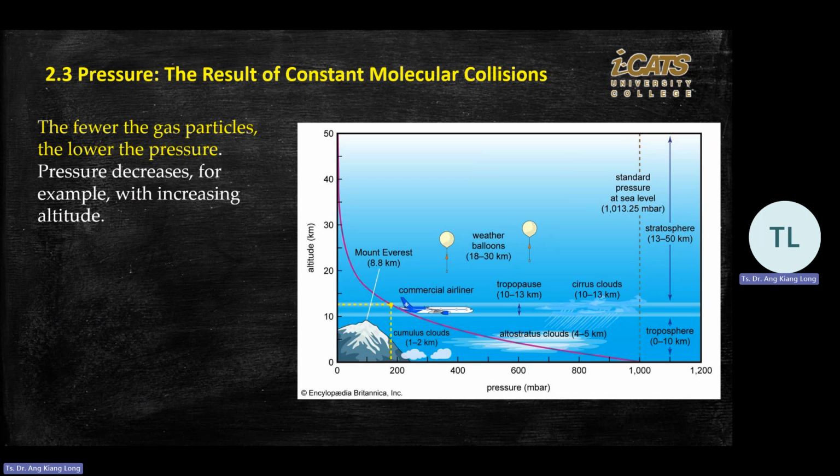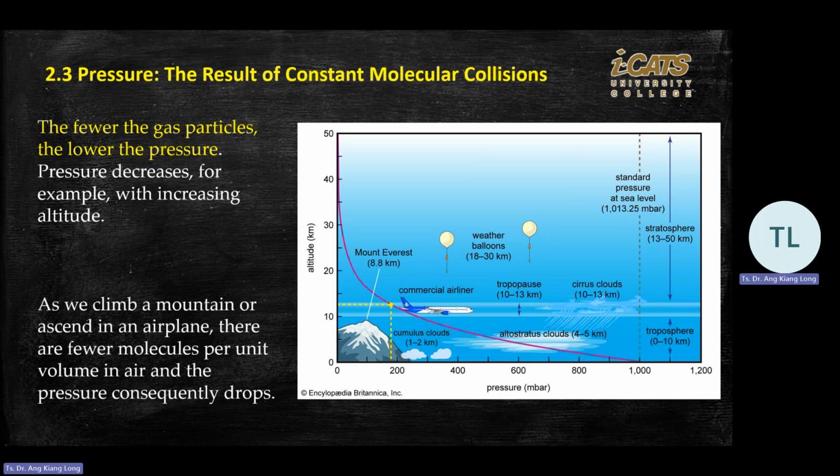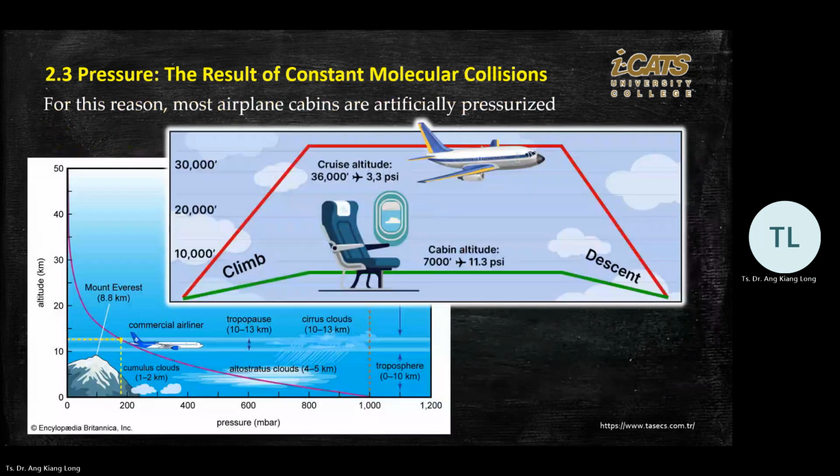So when you climb to a higher altitude, you feel suffocated, you feel you need more air. Why? Because you have fewer oxygen particles. This one goes a bit into aerospace.